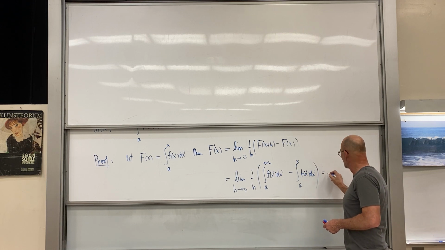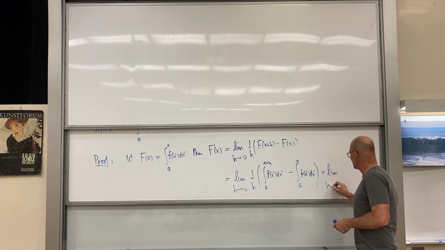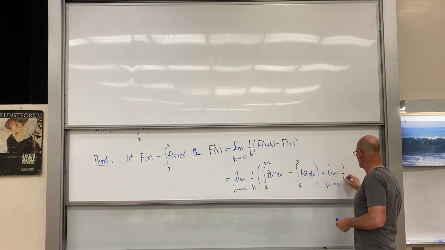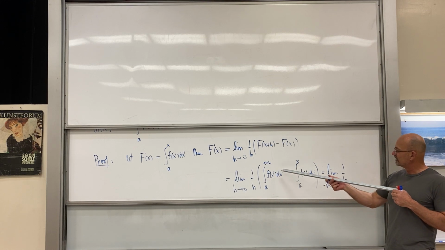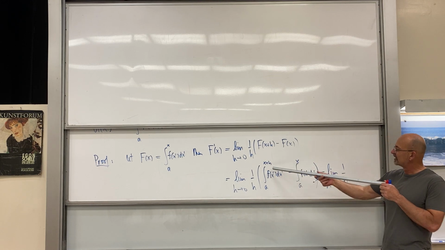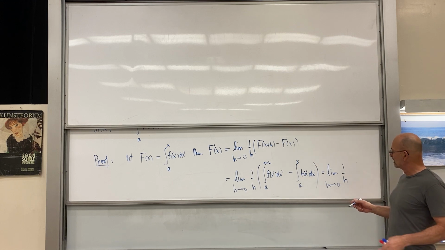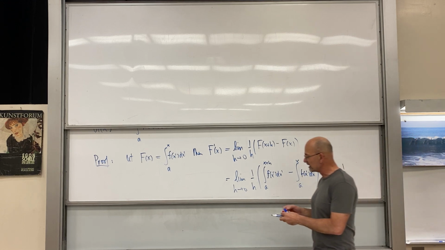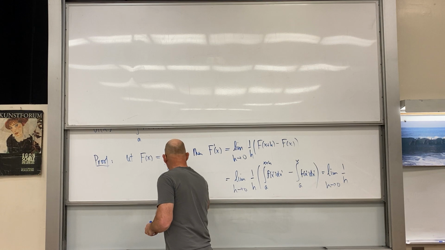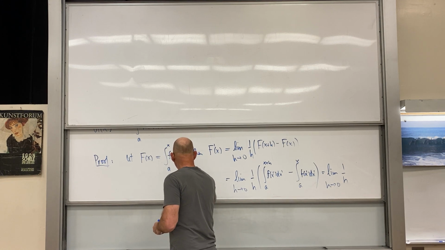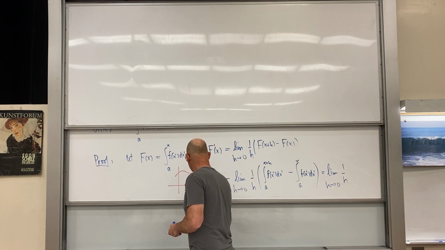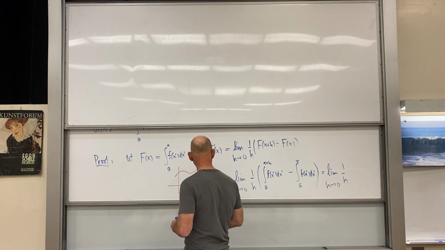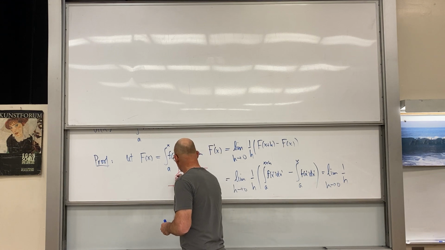But then, limit h goes to 0. Yeah, but what's left, the difference of these two integrals, is just the integral from x to x plus h. In fact, let's draw a little picture here. We've got x, let's call that x, let's call that x plus h, and a could be somewhere down here.